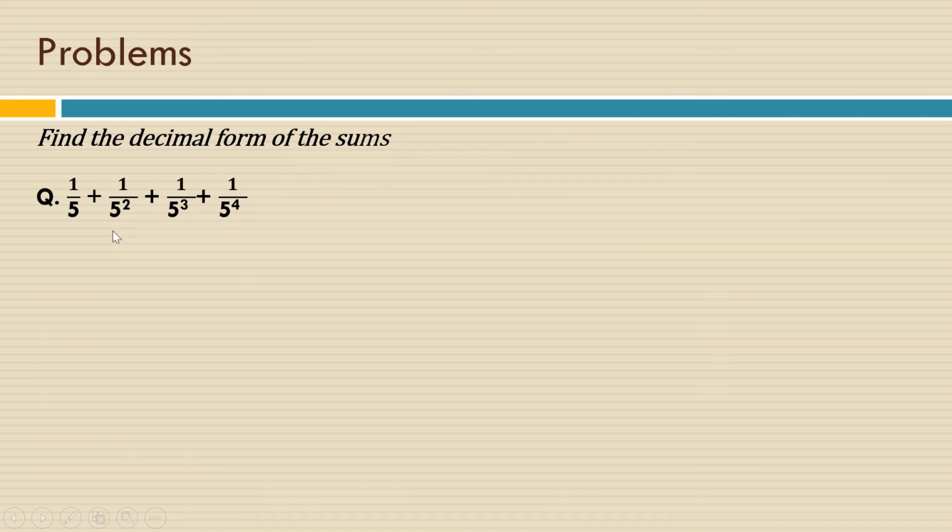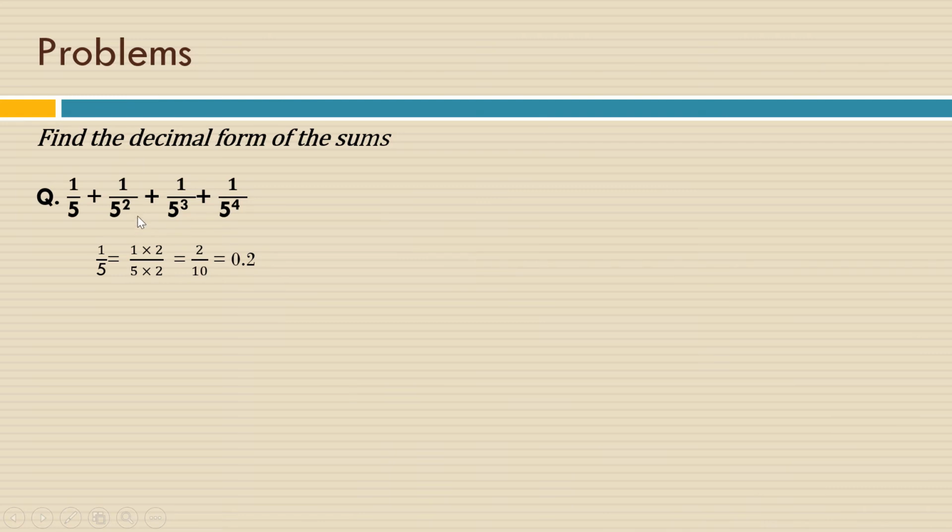In this question, we convert each fraction into decimal form. First is 1 by 5. As you already know, 1 by 5 equal to 2 by 10 equal to 0.2.